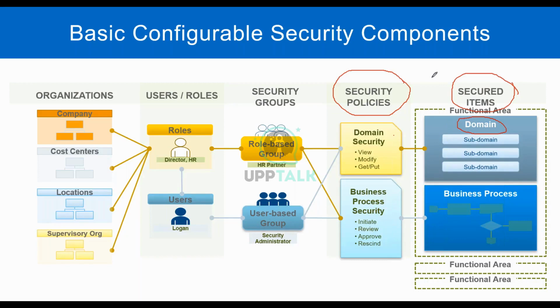Let's say a controller. A controller, it will be mostly a company, right? But let's say a benefits partner. Will the benefits partner be associated with supervisory or company? A benefits partner would be most likely associated with a supervisory organization, right?